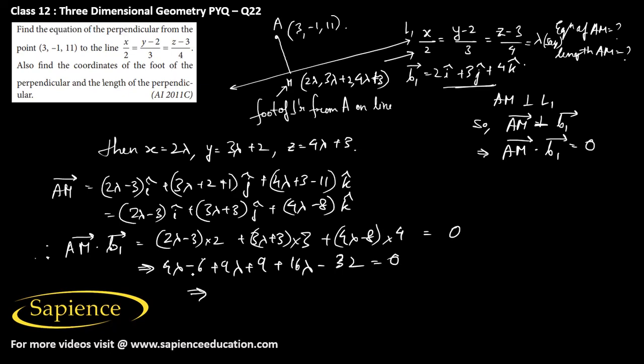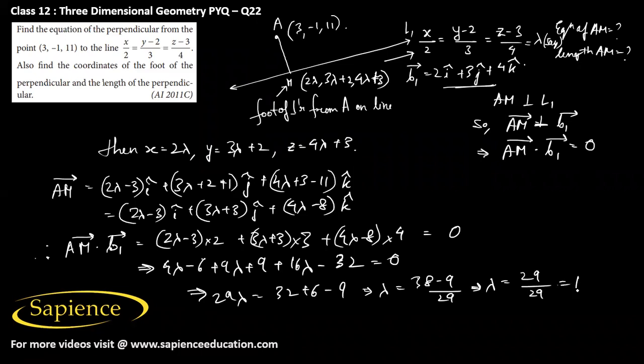It means 4 lambda plus 9 lambda plus 16 lambda, so 29 lambda, equals 32 plus 6 minus 9. So lambda will be equal to 29 by 29, which is equal to 1.